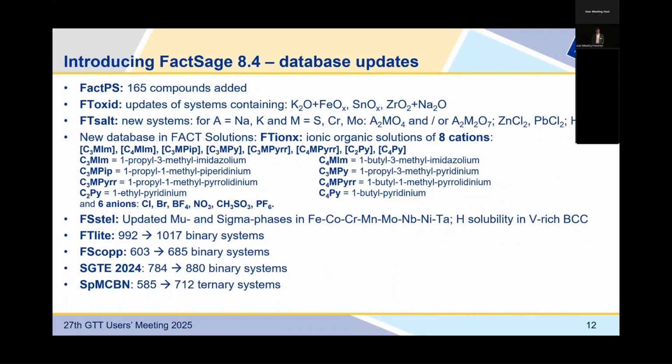So the ternary systems are really the important ones. And here there is another rather large extension of the SpMCBN database. Again, the largest database when it comes to ceramics, so non-oxide ceramic systems.